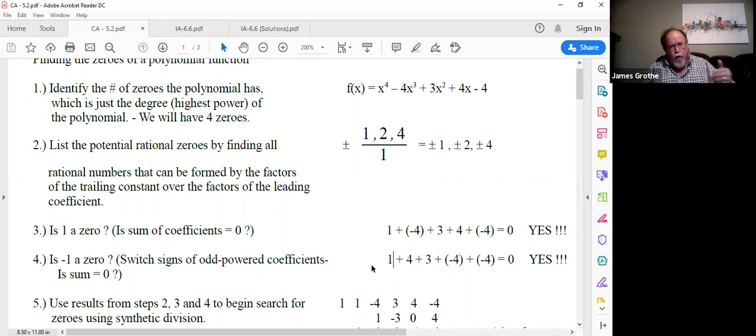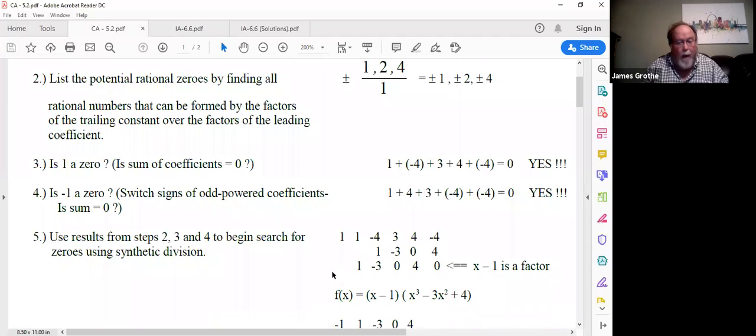Now we can start looking for the zeros. The first one I chose to go after was the easiest one, the +1. So I used +1 as my pivot element, and I used synthetic substitution. I brought the 1 down, multiplied by 1, and that went in the next column. -4 plus 1 is -3. -3 times 1 gave me -3, that went in the next column.